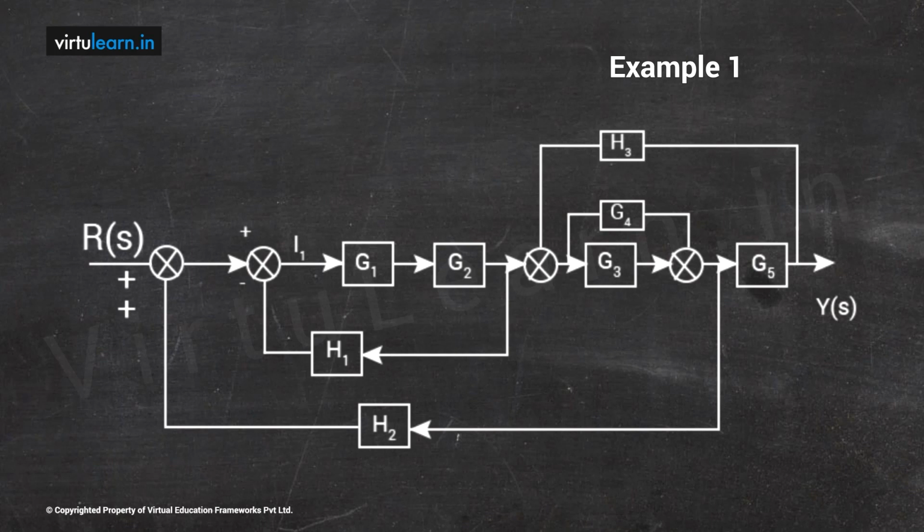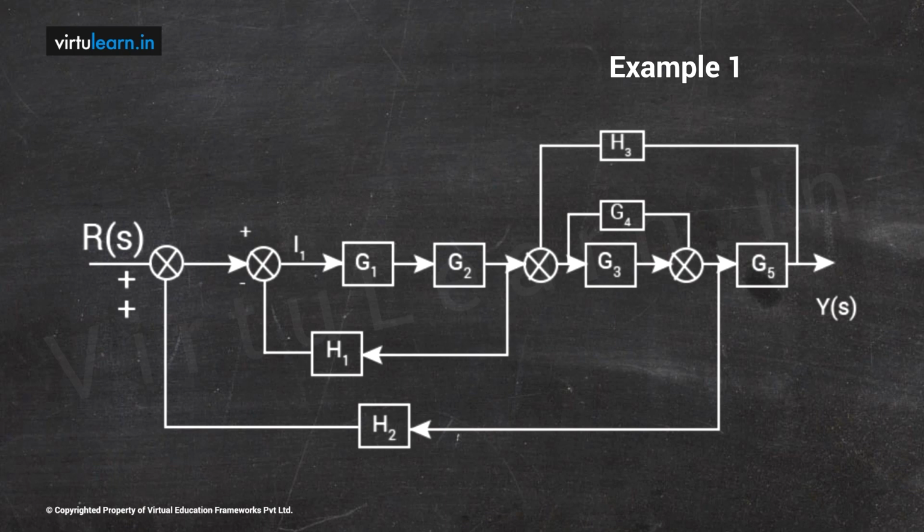Now, in any block diagram reduction problem, the main idea is to try to reduce the blocks from inside to outside, which means look at the inside reduction and try to reduce them one by one and come back to the outside. Again, another idea is to try to eliminate summing points. In this particular problem, we have 4 summing points.